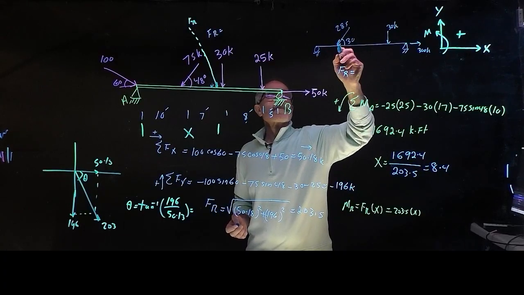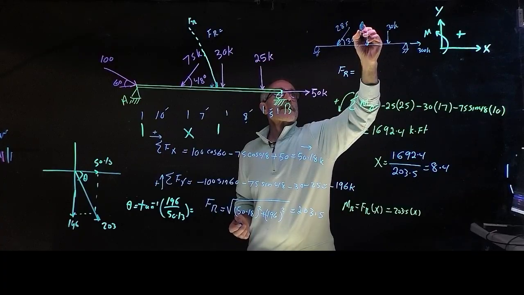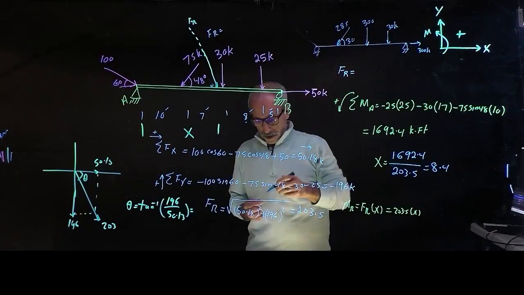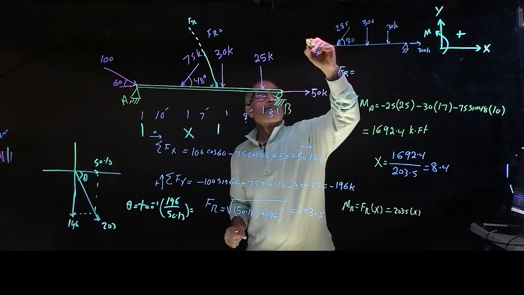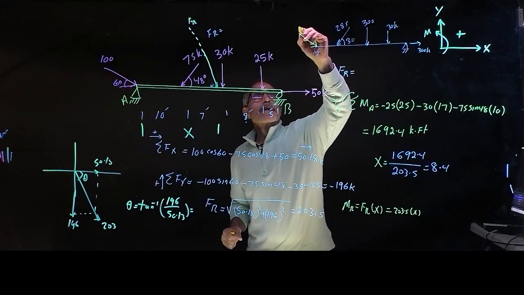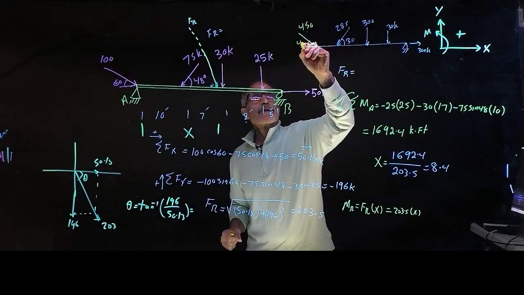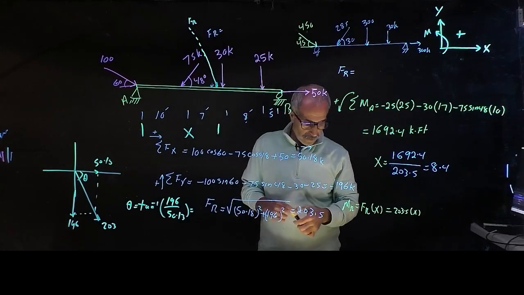And then let's put another one here as 300. Put another one here as 450. Make it easy, make it 45 degrees. All right, do that one, see where you come up with the answer.